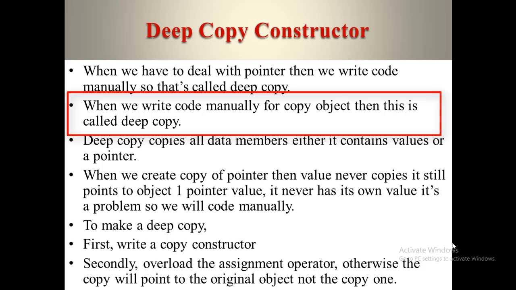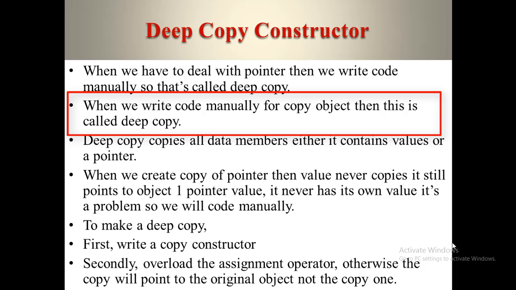In the shallow copy, we never write code manually. The compiler invokes the copy constructor automatically, and it creates a copy of object 1 as object 2. While in the deep copy constructor, we have to write the copy code manually.